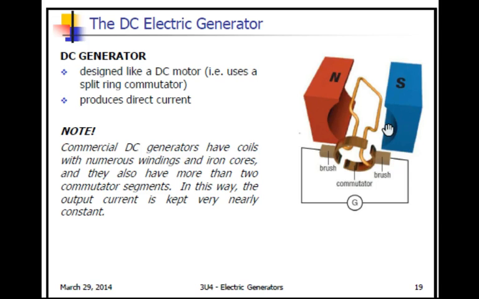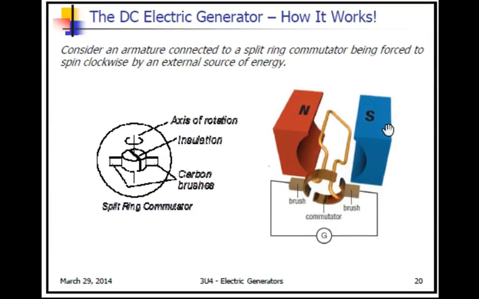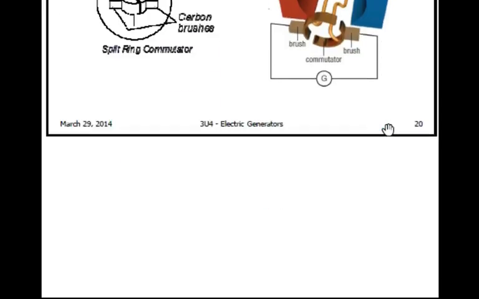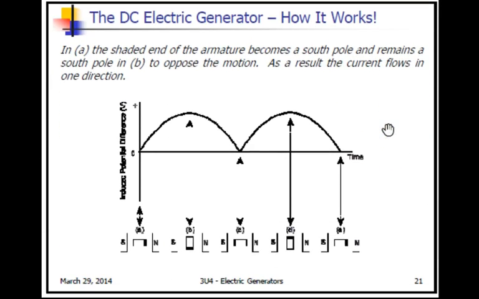So a DC generator is designed like a DC motor, but it produces a direct current. Essentially, it's the same idea, but we're rotating the coil of wire, and it's making contact with our split ring commutator. The output graph would basically be like this, where we generate electricity until we hit a point of maximum.